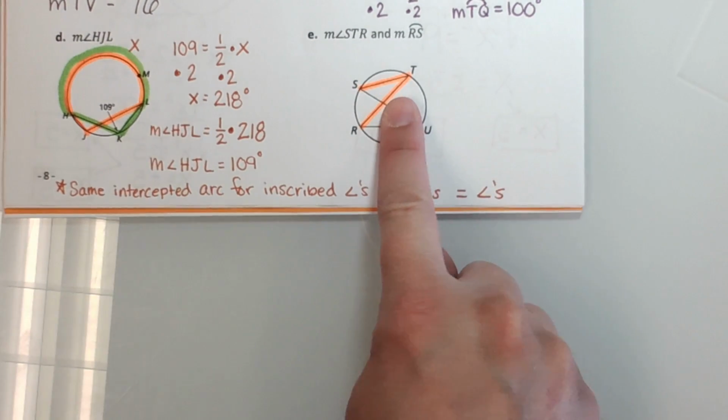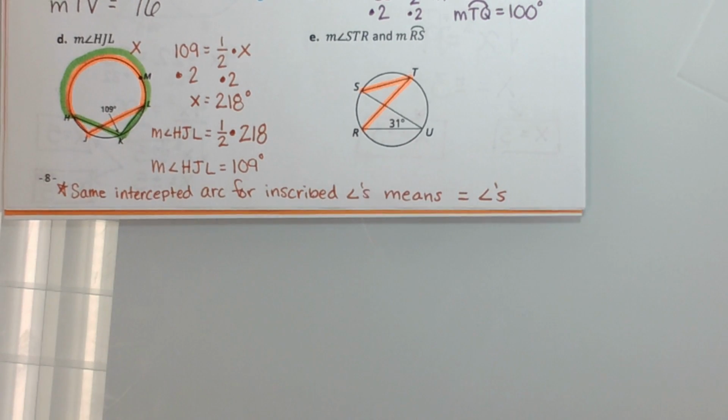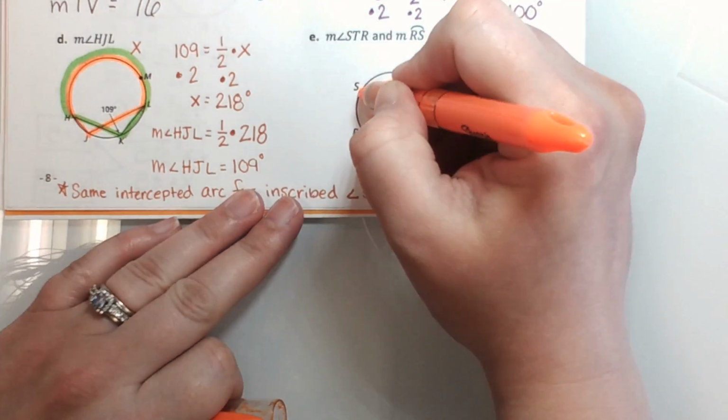Would you agree that that's also an inscribed angle? It's on the edge of the circle, is it not? It is. It's inside the circle, but it's on its edge. Therefore, its measure is half of its intercepted arc, which is this intercepted arc.